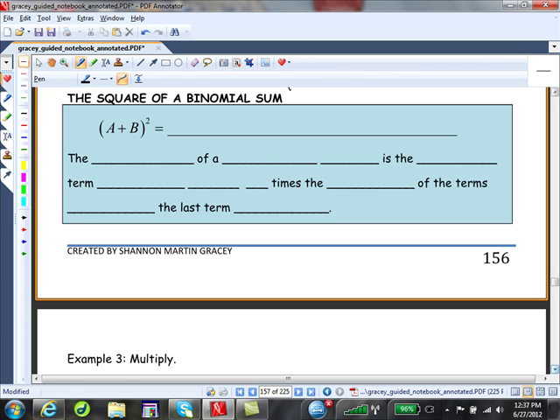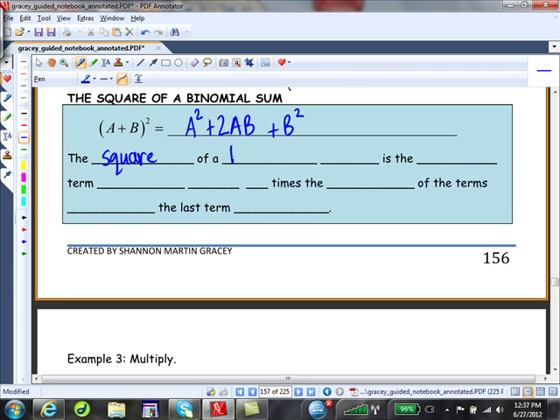So it turns out that the square of a binomial sum is, you have your first term squared, okay? And then we'll leave a space, plus the last term squared. But in the middle, you're going to get double the product of the ends. Okay.